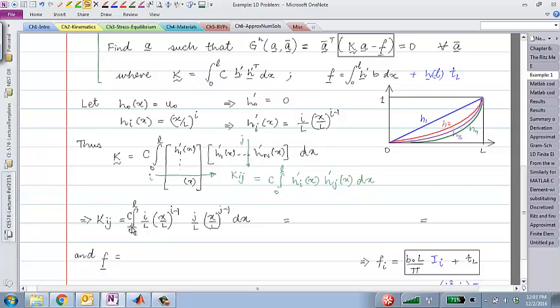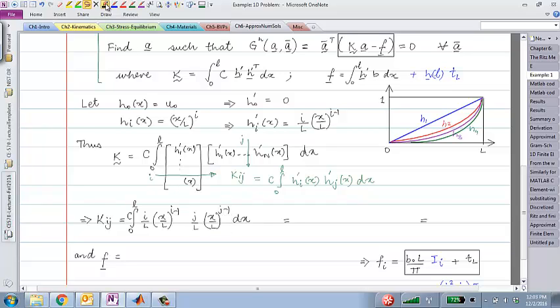Out of all of this, what are the constants? i, j, and L in the denominator, these are constants. So I'll pull them out, and what I'll be left with in the integrand would be x to the power i minus 1 plus j minus 1. Do you agree? x to the power i minus 1 plus j minus 1.